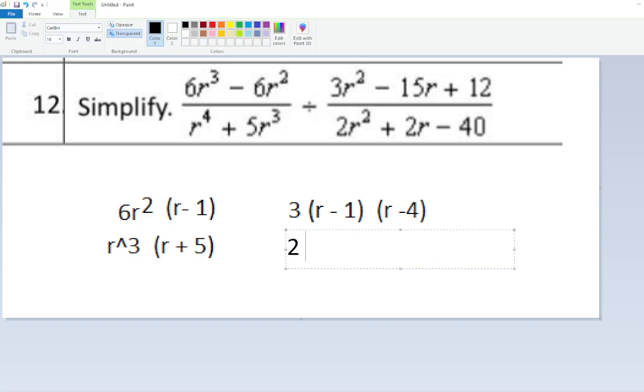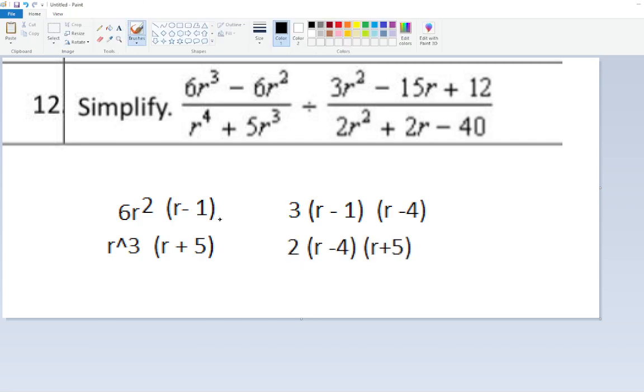Before you cancel anything, we must find restrictions, and don't cancel yet. You shouldn't cancel yet because it's a division, and I'll explain why in a second. Down below, the two possible things: R can't be 4.